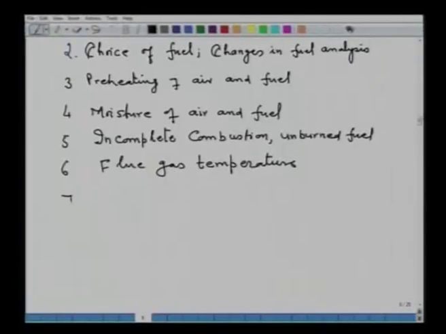Seventh important point is the oxygen enrichment. Now, this oxygen enrichment is a very important thing. Why? Because when you enrich air with oxygen, you will be decreasing the amount of nitrogen.